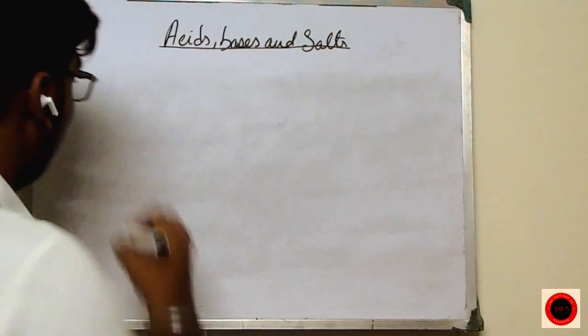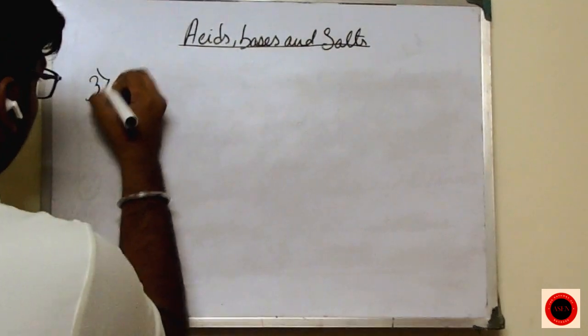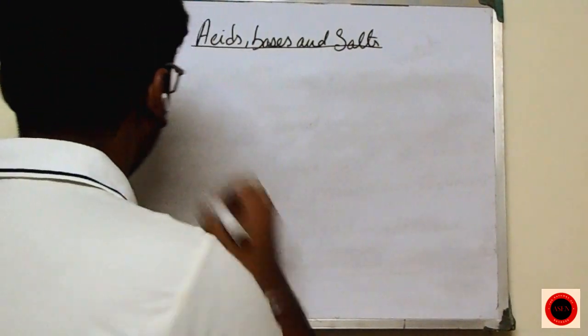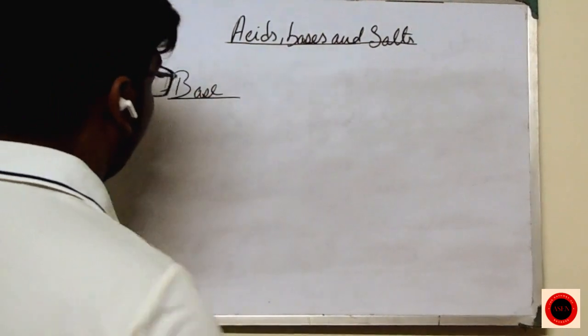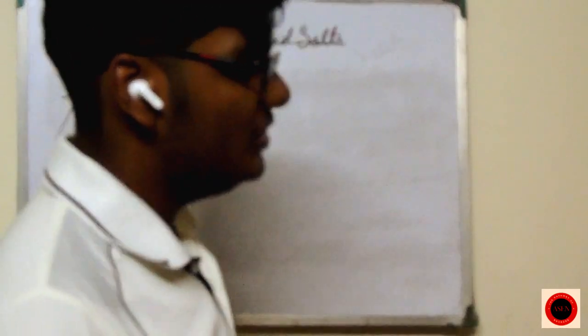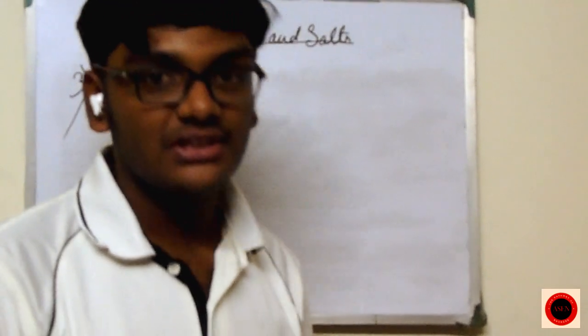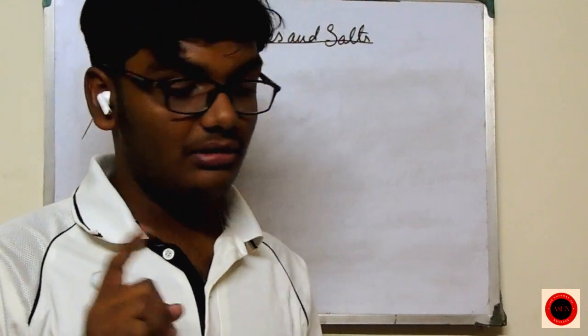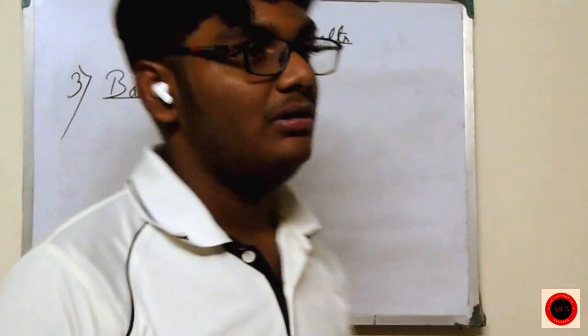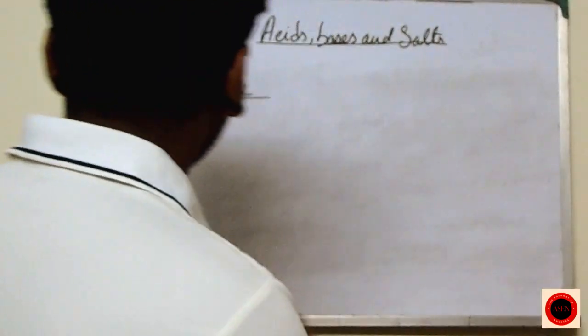The next one which we will do is base. A solution which contains OH minus ions. In acid we have seen that the solution should contain H plus ions, and in base the solution should contain OH minus ions.